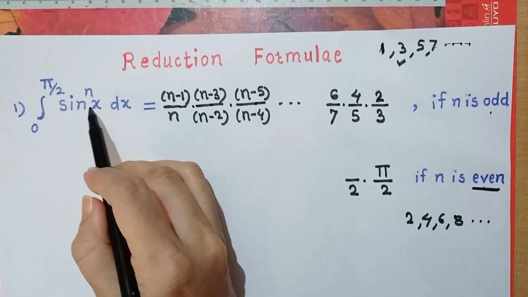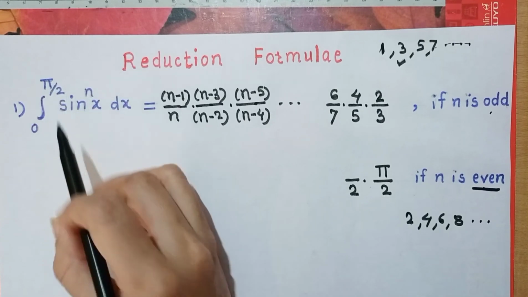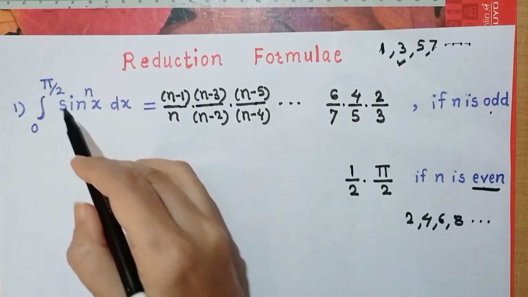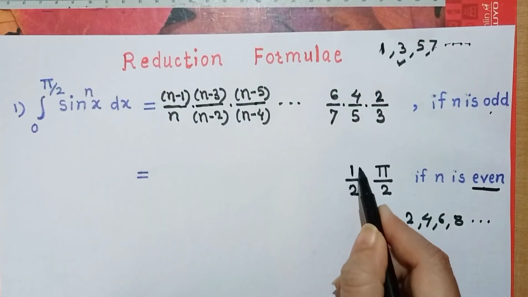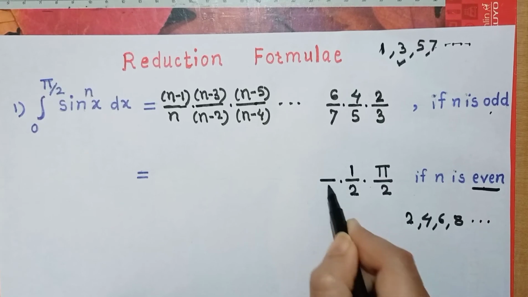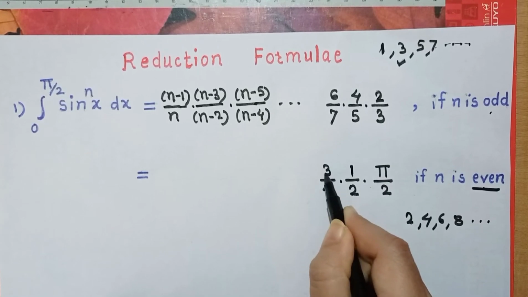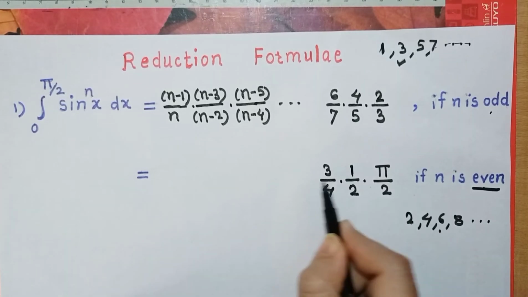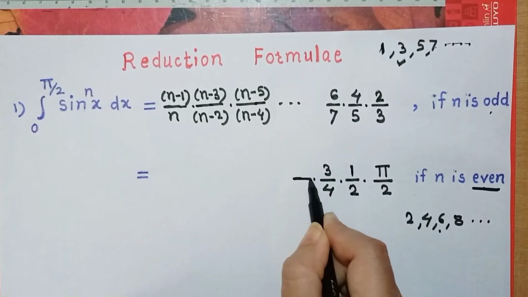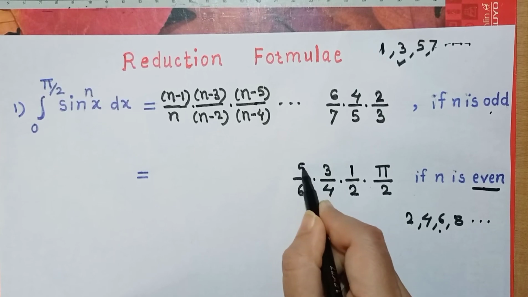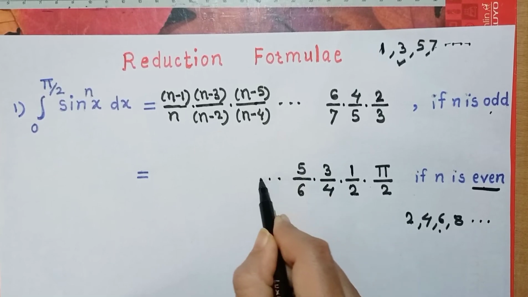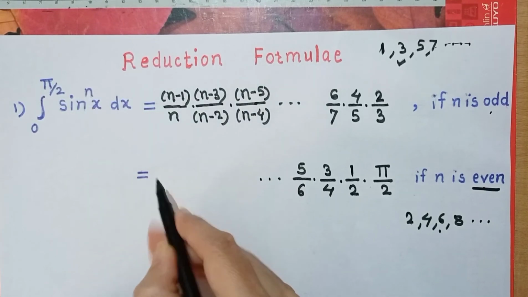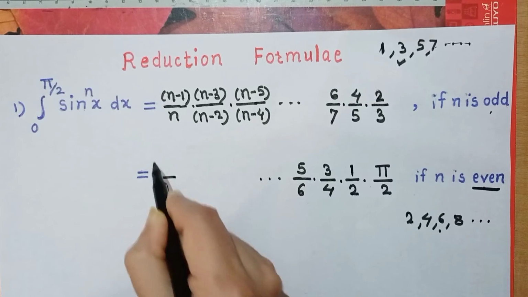If sine square x from 0 to pi by 2, 2 and one number less means upside 1. If sine of x raised to 4, then you have to write this. Again multiply 4, one number less means here 3. And if n is 6, again write down all this. Here write down 6, one number less means here 5, and so on. Here it is sine of x raised to n, and n is an even number, so downside will be n.